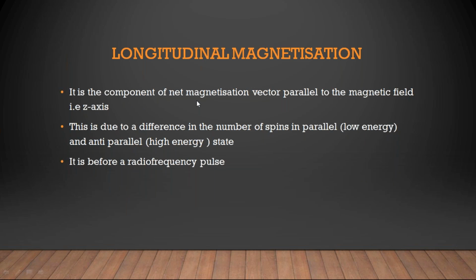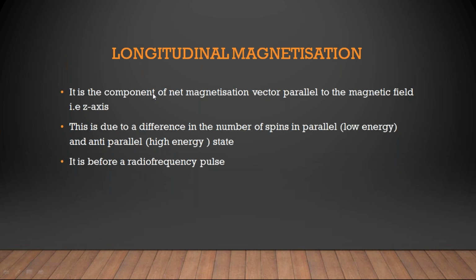Longitudinal magnetization is the component of the net magnetization vector parallel to the magnetic field, that is, along the z-axis. This is due to the difference in the number of spins in the parallel and anti-parallel states. The spins in the parallel state are of low energy, hence they appear parallel to the external magnetic field, and the high energy protons are anti-parallel to the external magnetic field.